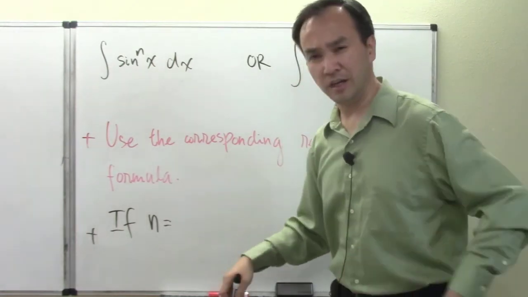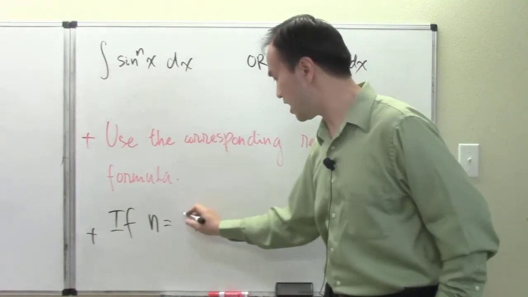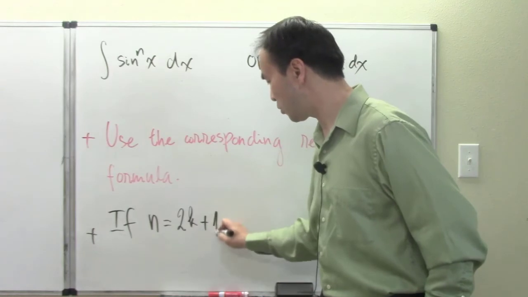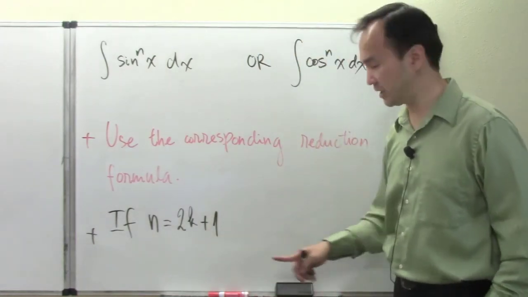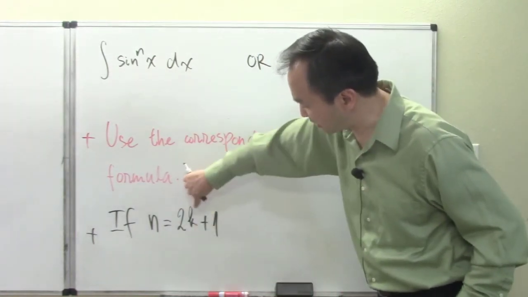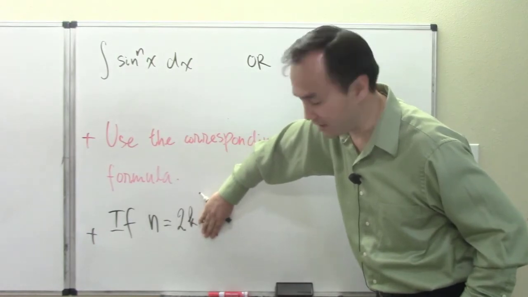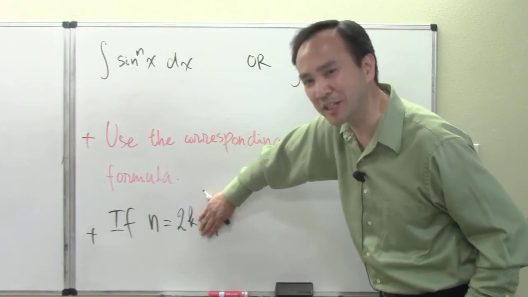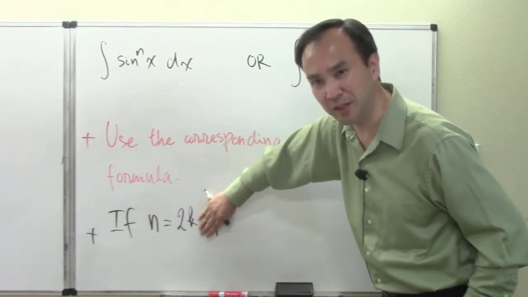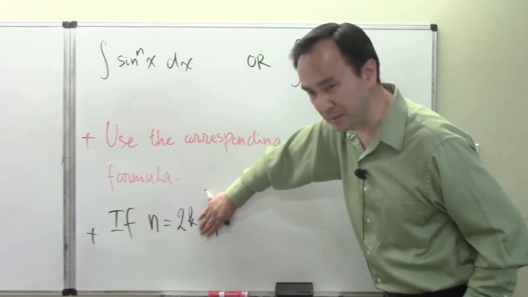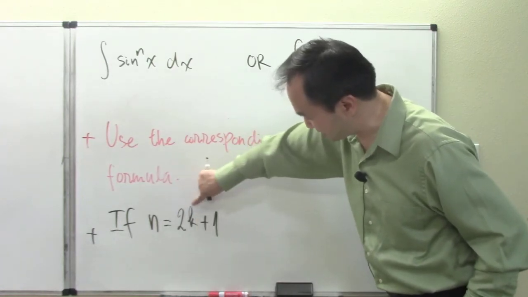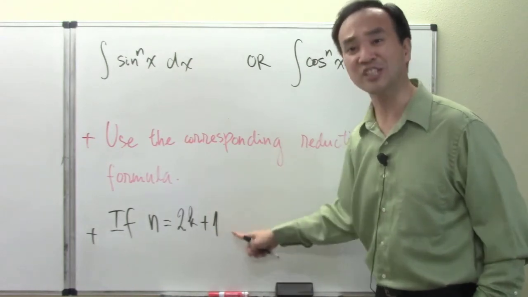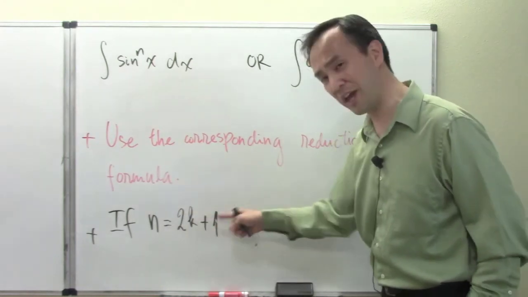In standard arithmetic, an odd number is expressed as 2k plus 1, because 2k means 2 multiplied by an integer, so that's even. An even number is always divisible by 2, and that's why it's 2 times an integer. But being odd, it's always 1 extra from the even, and that's why it's 2k plus 1.